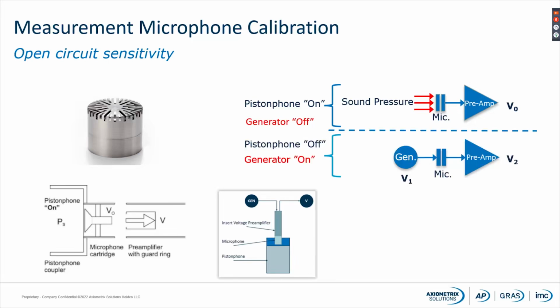In the next step, we switch off our piston phone, and now we switch on the generator. So now there will be a signal from the generator going in via the preamplifier, and it will go directly to the microphone capsule. Now we can start measuring. The level from the generator is called V1, and the output is V2. And what are we doing?